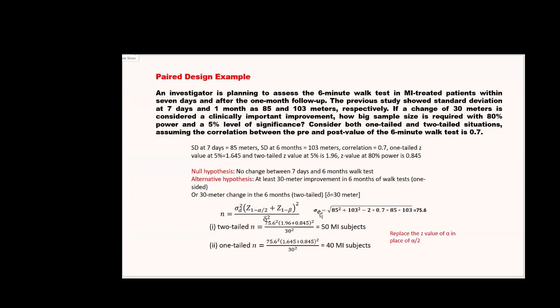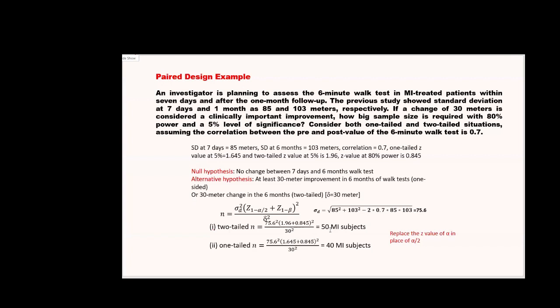You can calculate the standard deviation of change as the square root of 85 squared plus 103 squared minus 2 multiplied by 0.7 multiplied by 85 and 103, which gives the standard deviation of change equal to 75.6. Then you substitute this in: 75.6 squared multiplied by 1.96 plus 0.84, divided by 30 squared. So this will give 50 MI patients.